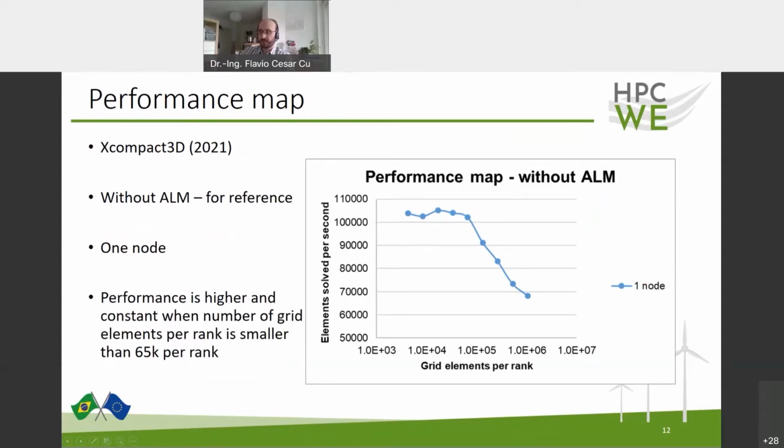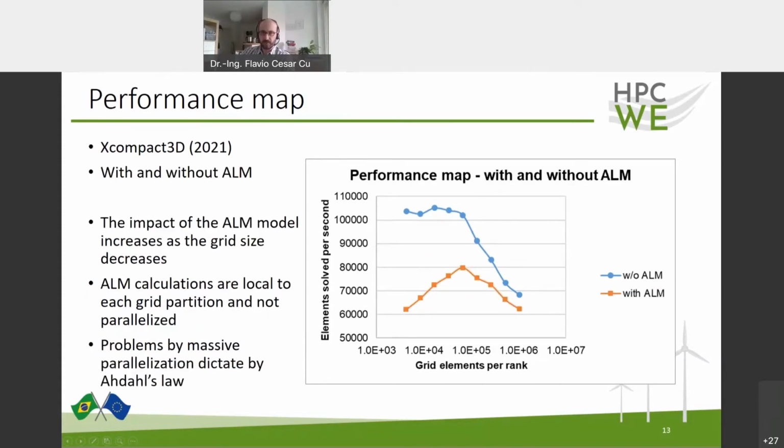For reference, I have run the simulations without the actuator line model. Then there are simulations without the wind turbine. And we see that the performance increases with decreasing grid size, but then it stabilizes. They do not fall, as we have seen when we have the simulation using the actuator line model.